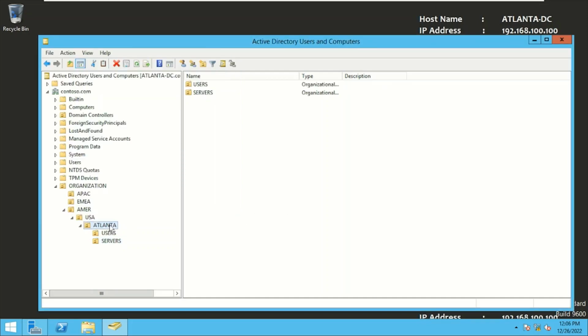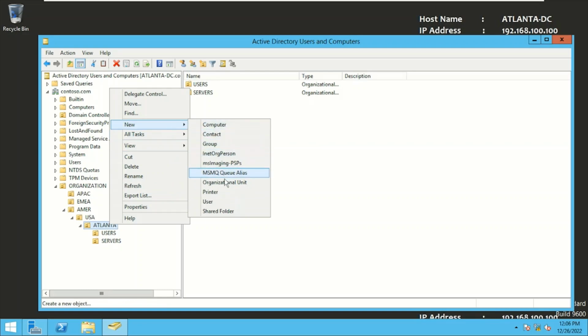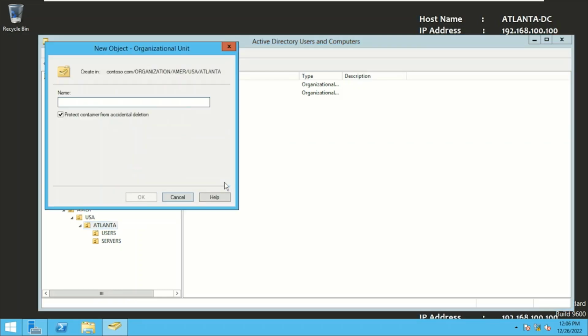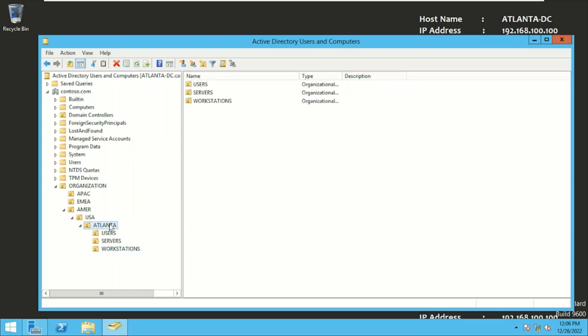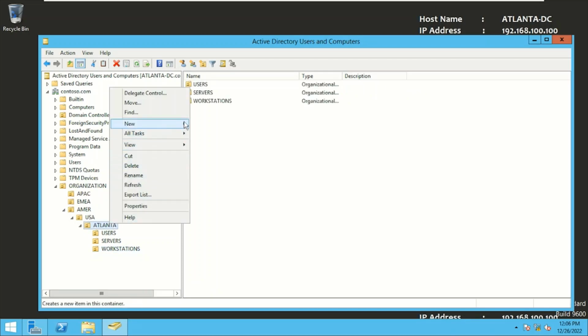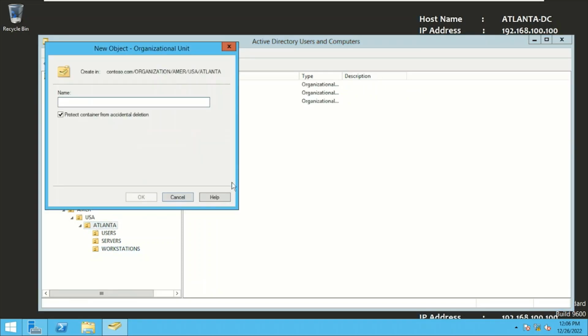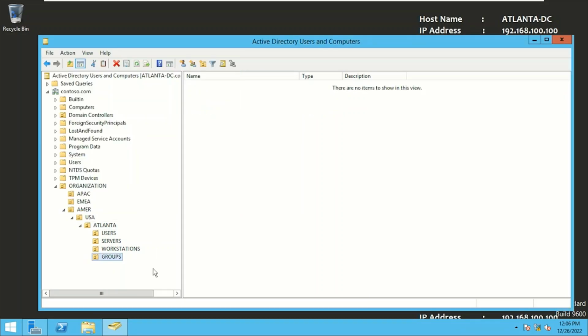Again under Atlanta we'll have workstations, and again under Atlanta we will have one more OU named groups. So these are the proposed four OUs under our Atlanta office.